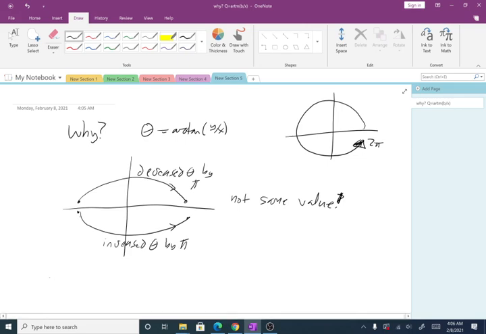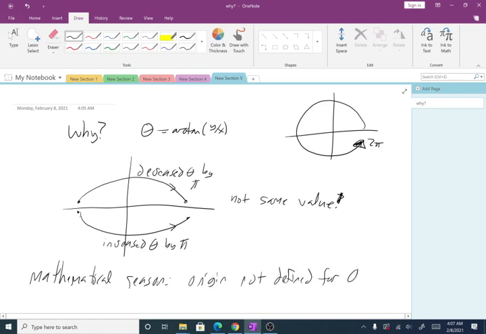And the mathematical reason is that the origin is not defined for theta. Because remember, it's arctangent of y divided by x, and in fact, theta is actually not continuous either.